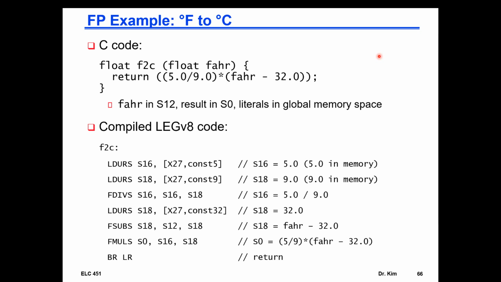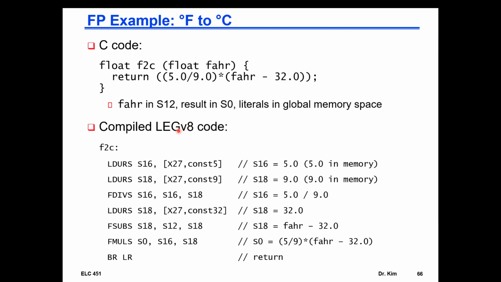The argument is a floating point number, which is some Fahrenheit temperature, and it returns the Celsius equivalent. Let's assume that the argument is in single precision register 12, and we're going to deposit the result in single precision register 0.